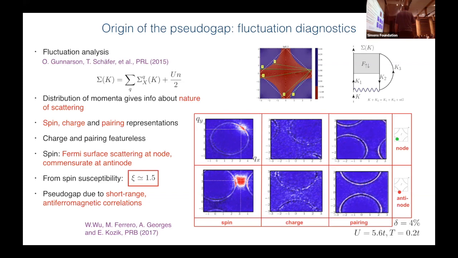For the nodal self-energy, basically the mechanism is incommensurate Fermi surface to Fermi surface scattering, which is very much what you would see in a kind of weak coupling theory, which sort of explains why the self-energy is a lot more Fermi liquid-like at the node. At the antinode instead, most of the contributions are commensurate. As you can show, we measured this, they come from short-range antiferromagnetic correlations. The correlation length was typically 1.5 lattice sizes. Fairly short.